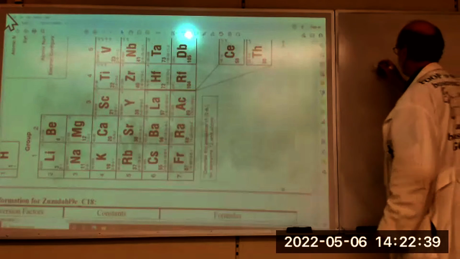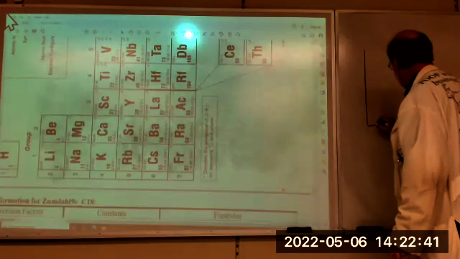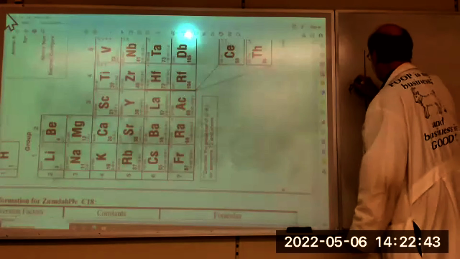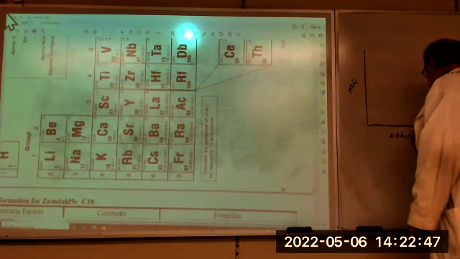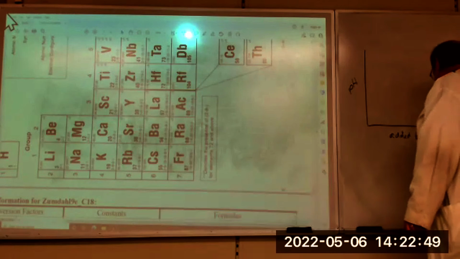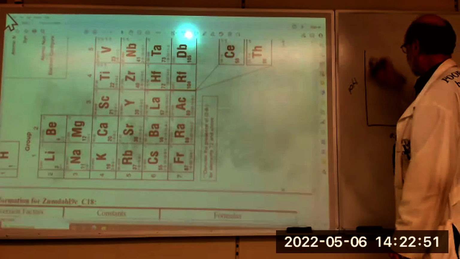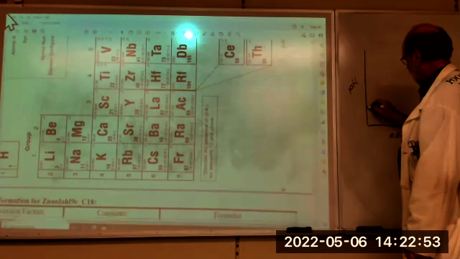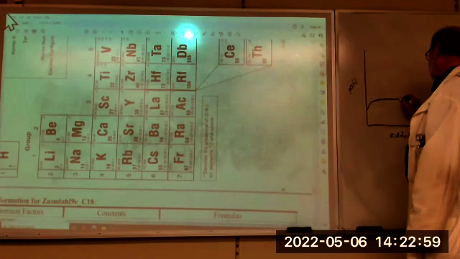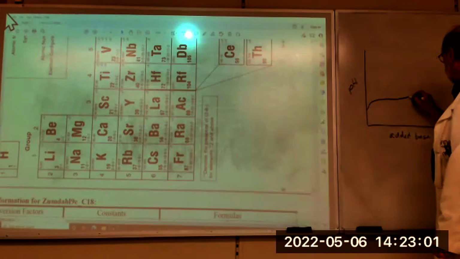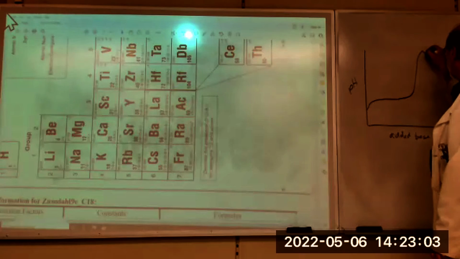So your titration curve is going to be pH here and added base here. And whatever these values are, it's going to start off like this, and then it's going to flatten out like that. And then over here somewhere, it's going to go like that.